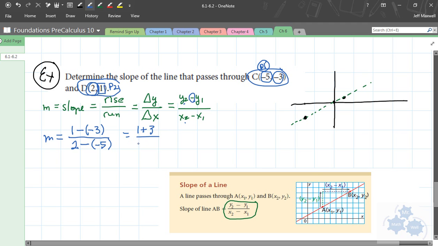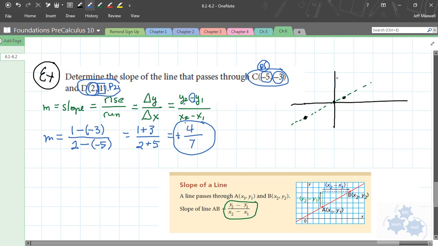And I'll just show this step so you can see this when you look back to your notes if you need to. 2 minus a negative 5 is the same as 2 plus 5. So that's going to be 4 over 7. There is your slope. It's a positive value. That's good. We would be going up 4 units and over 7 units.